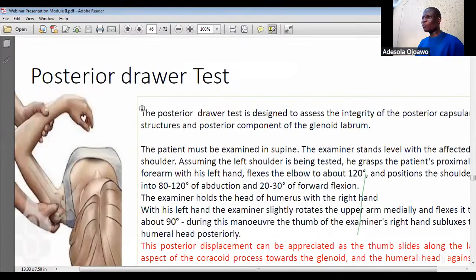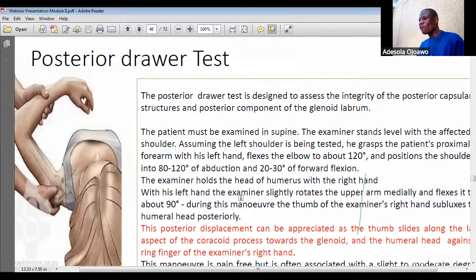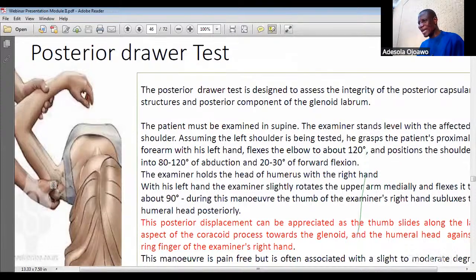This is posterior thrust test. The other time we talked about anterior thrust test. Now we are talking about posterior thrust test. In this case, the patient is lying supine. The elbow is flexed as we are seeing it. The shoulder is slightly flexed and abducted as we are seeing it. The examiner holds the head of the humerus.